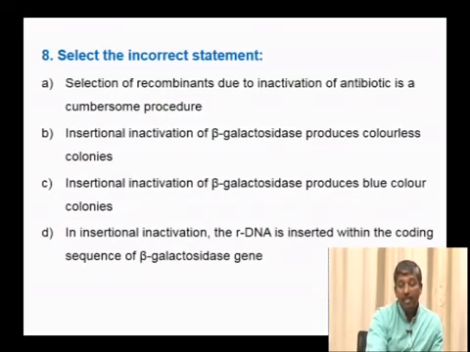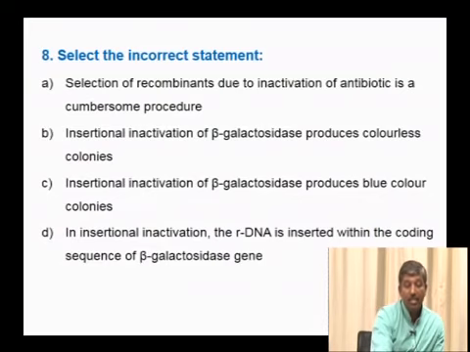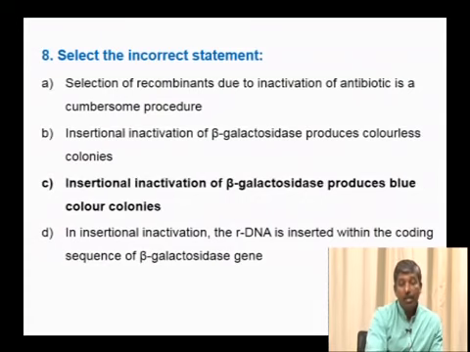Insertional activation of beta galactosidase produces blue color colonies? In insertional inactivation, the recombinant DNA is inserted within the coding sequence of the beta galactosidase gene. So the earlier statement is correct. The statement that insertional inactivation of beta galactosidase produces blue color colonies is incorrect.